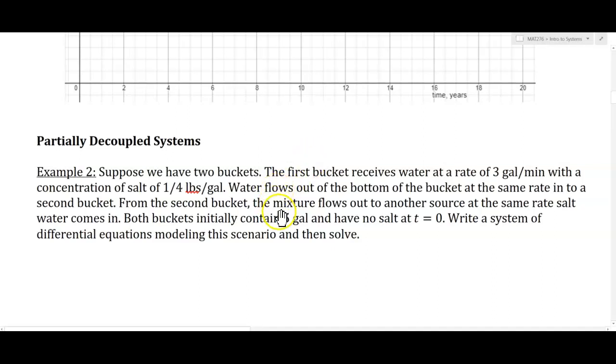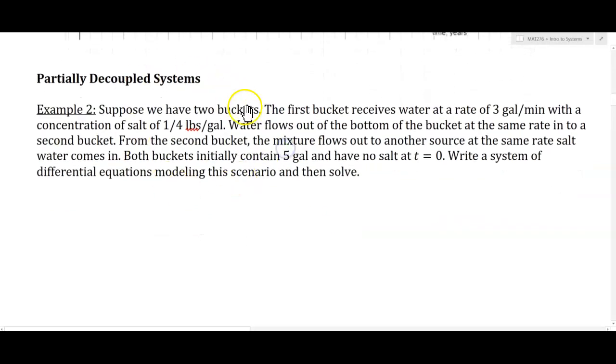So let's take a look at a modeling problem, and we'll build a model and we'll see why this becomes partially decoupled. But I'll give you a quick example here of what a partially decoupled system would look like. This system right here would be considered partially decoupled because the rate of change of x only depends upon itself, and so it is decoupled from y.